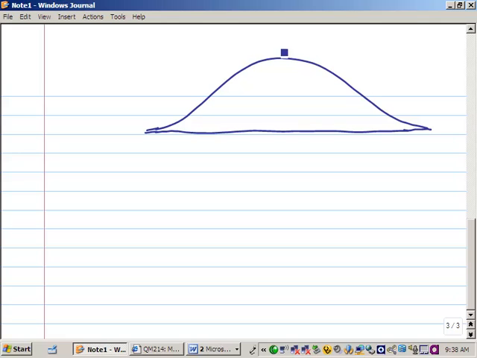So what we do is we standardize the normal distribution to a distribution where the mean is 0 and the standard deviation is 1. This is called the Z distribution, the distribution of standardized normally distributed values.